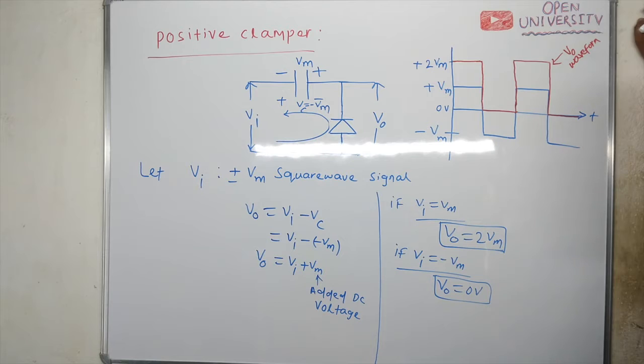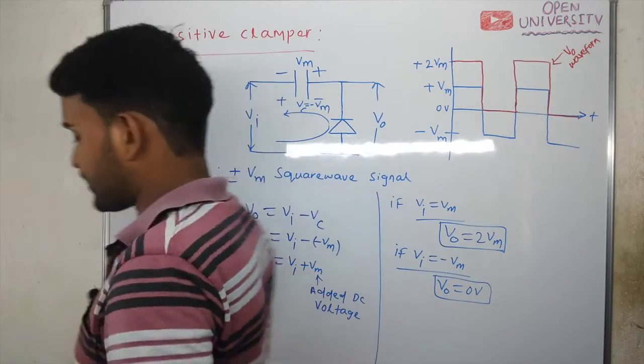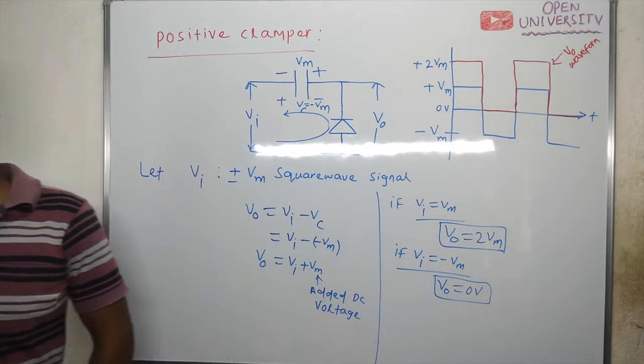and the capacitor will charge through the diode up to minus Vm, that is the peak input value.